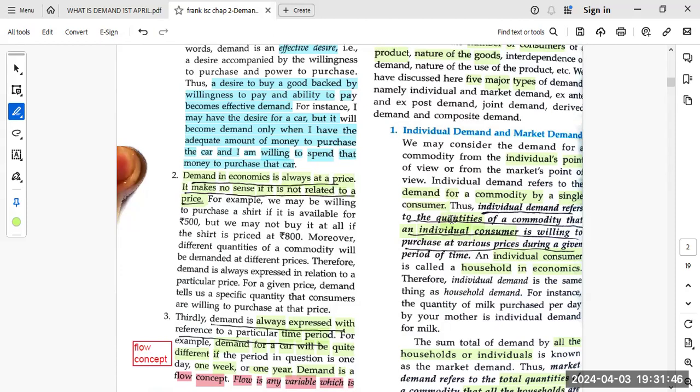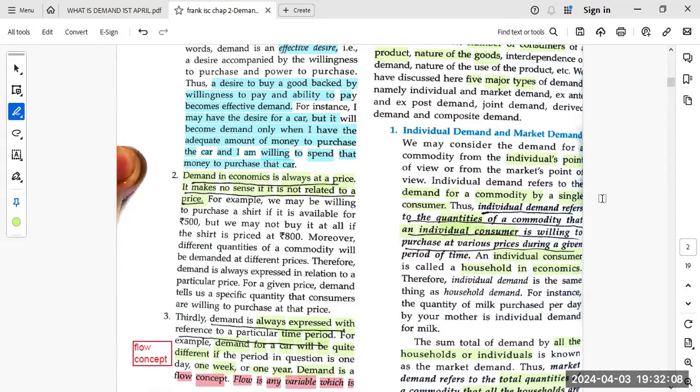But if I say, what is the demand of milk of Rosewood apartment? So when I tell that, I'm including all the households which are demanding milk in this particular apartment. So then it becomes market demand. Understood the concept of individual and market?